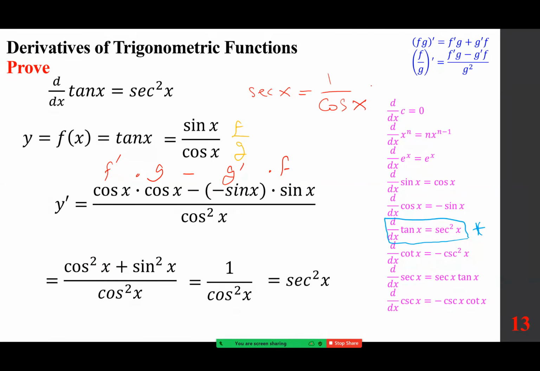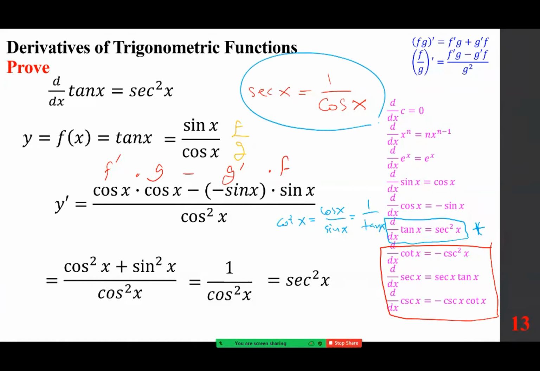I highly recommend you try to do the rest of it. And you should know you can use for cotangent cosine over sine, or 1 over tan.